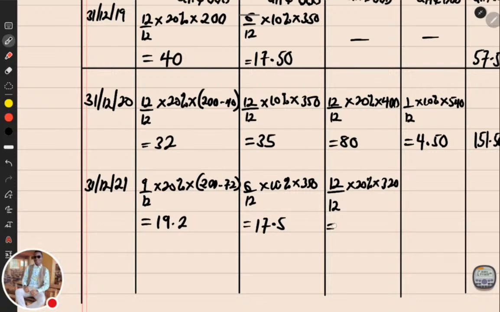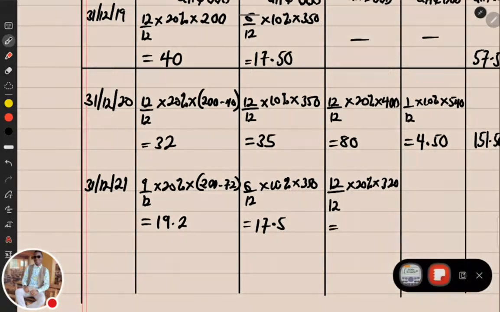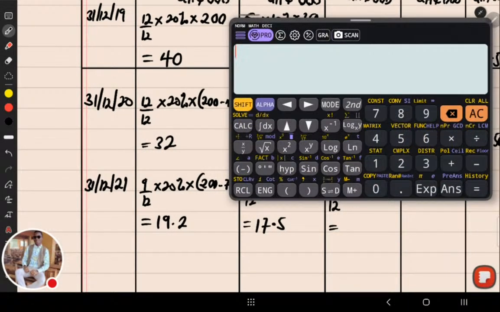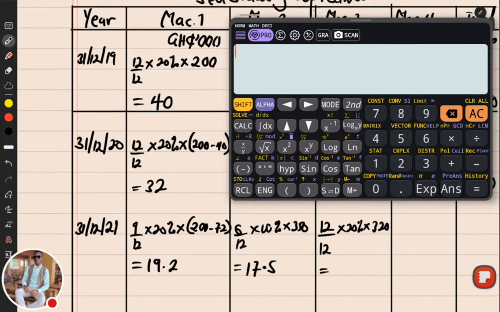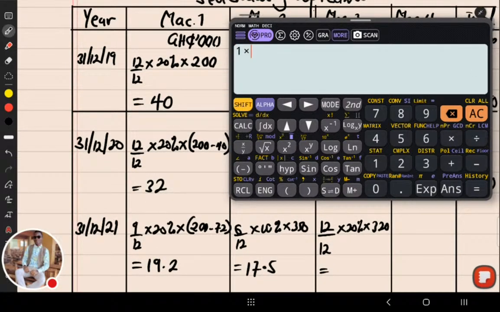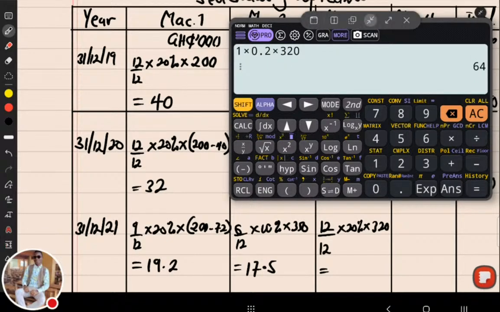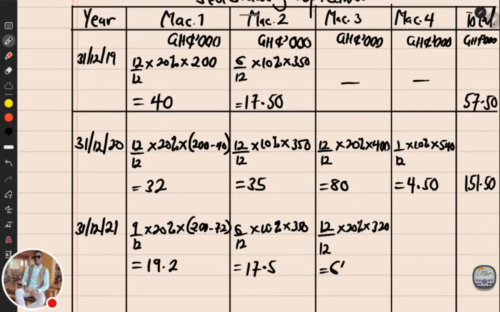So what do we get when you multiply this by 320? Here we will have 1, the same thing as 12 over 12, 0.2, the same thing as 20%, multiplying 320, you get 64. Reducing balance.